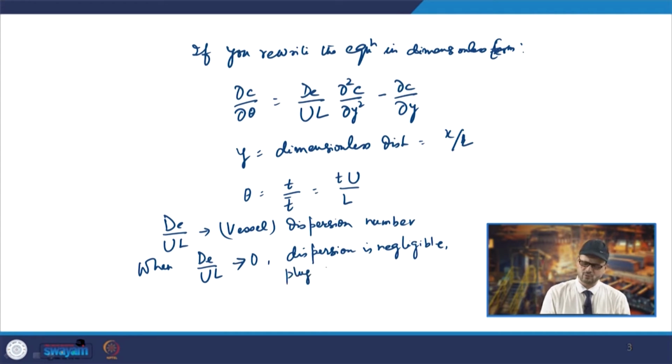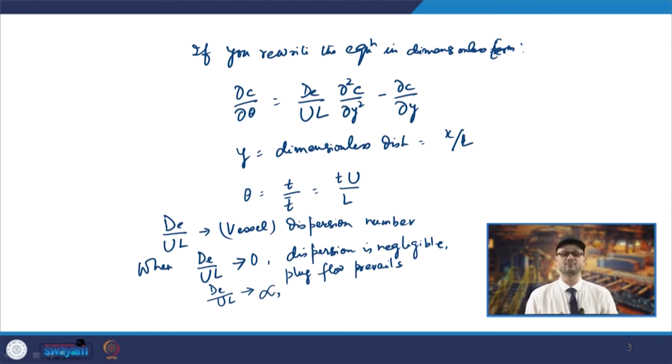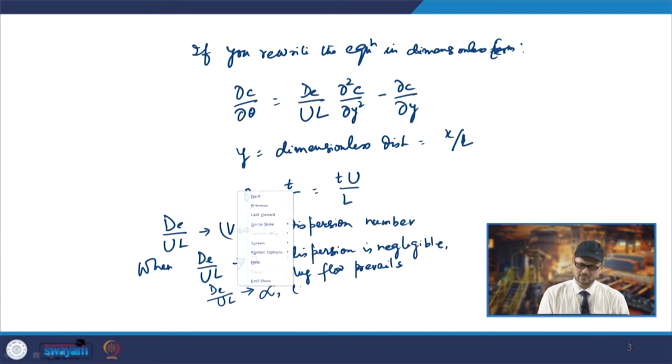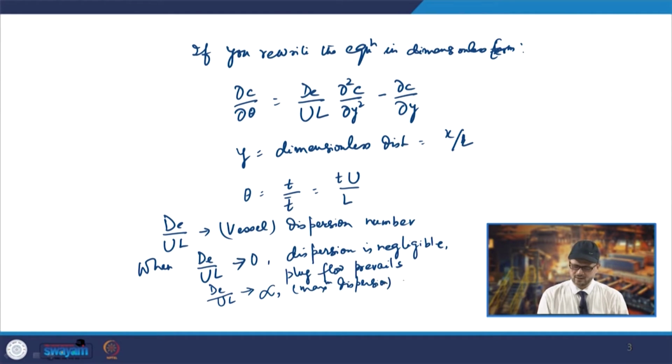On the other hand, if your dE by UL is approaching infinity, it means dispersion is very high, the maximum possible, and that will lead to the well mixed flow conditions.